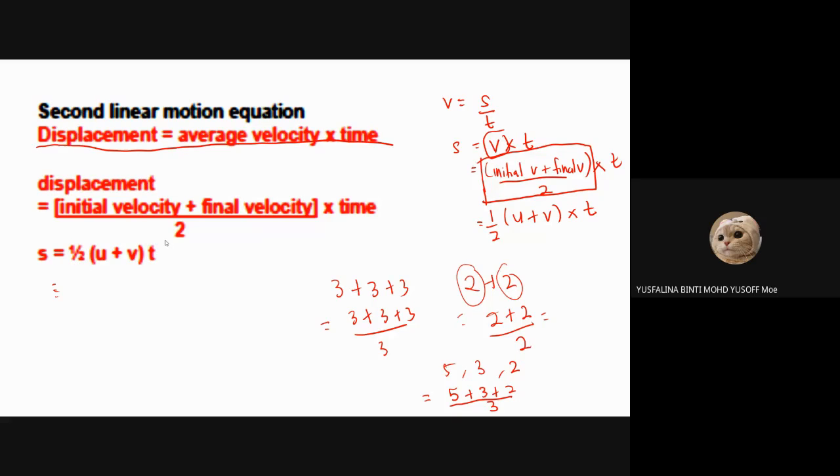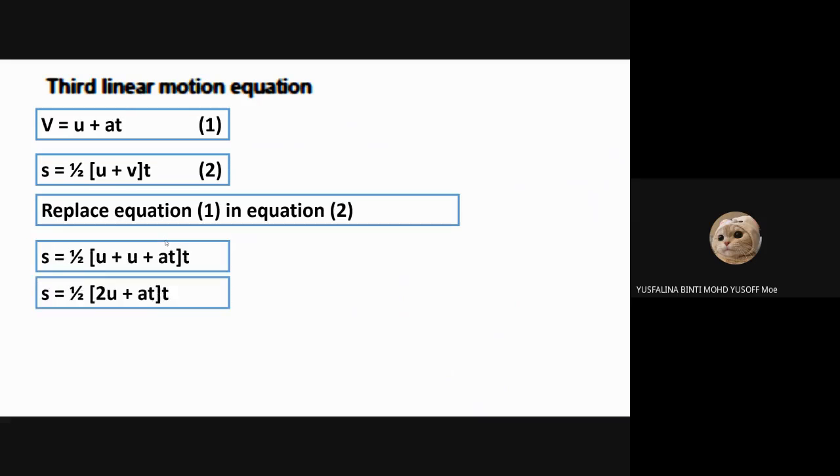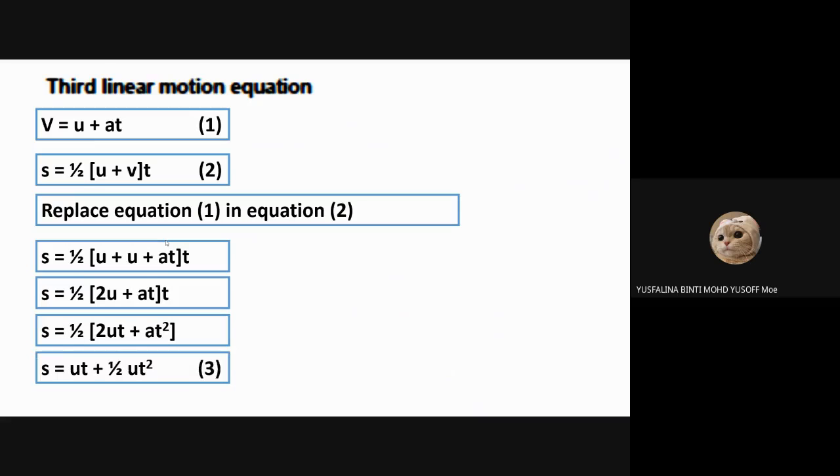Okay, so this is the second one. How about the third linear equation? For the third linear equation, you use the two equations that we derived just now.